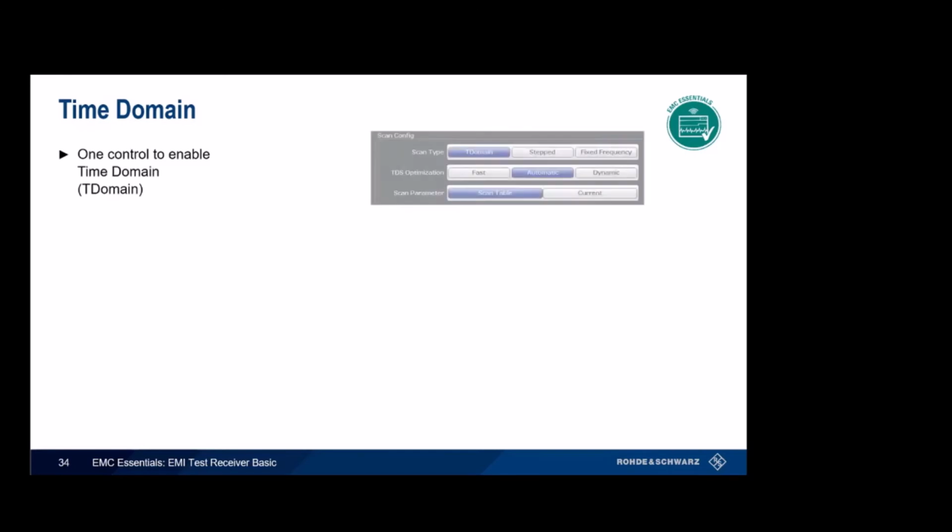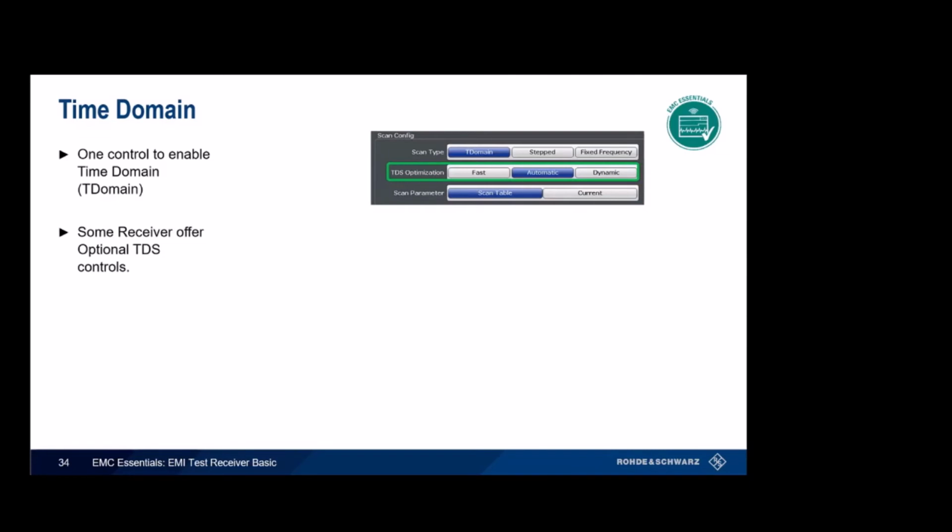To enable time domain scan, it is common to have one button to turn it on or off. On this receiver, we actually have a setting for scan type where we can choose T domain or time domain, or stepped, which is the traditional step scan. Some receivers offer optimized or extra time domain controls.